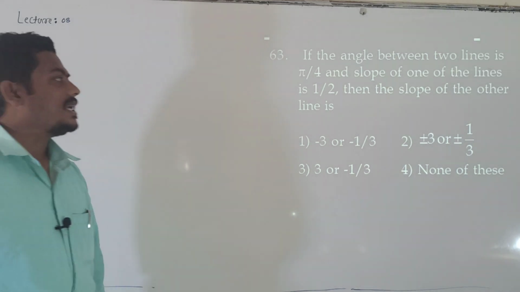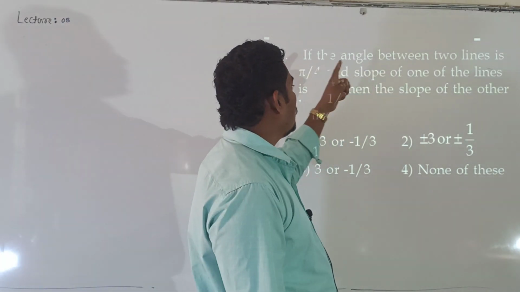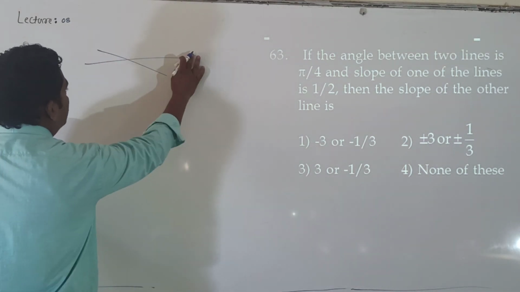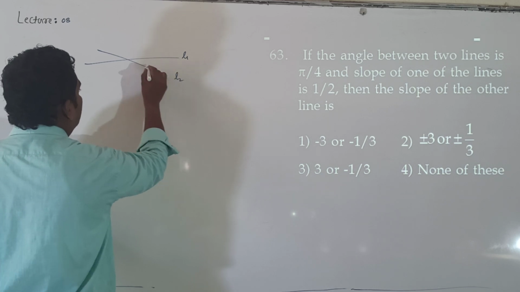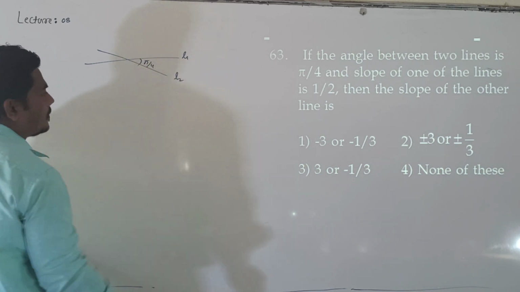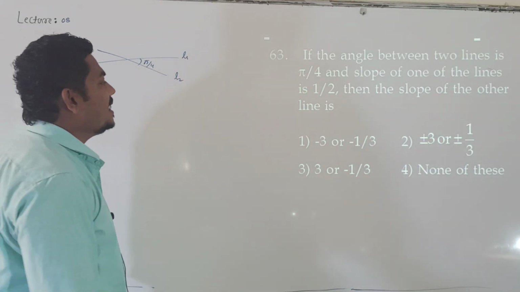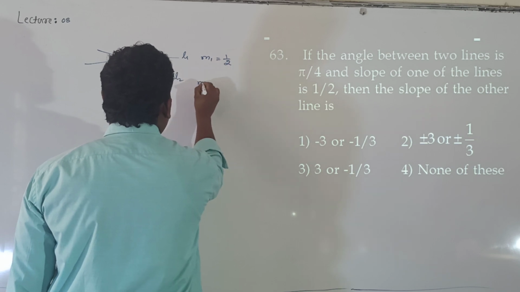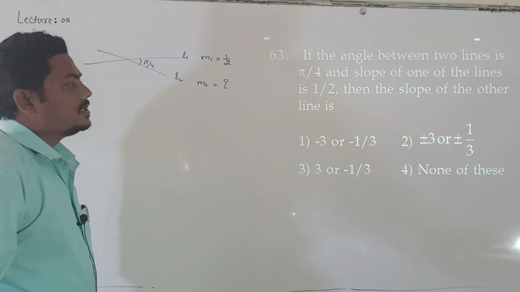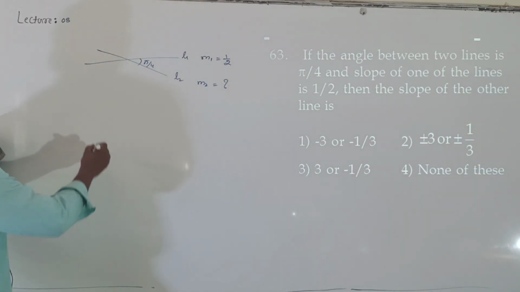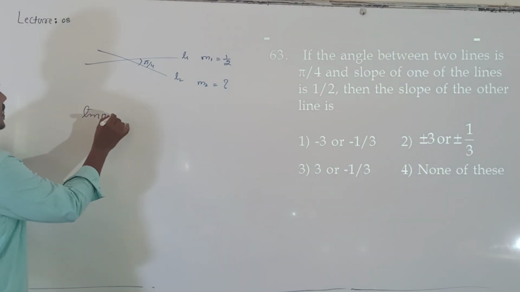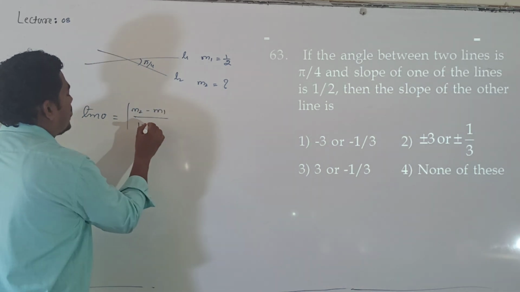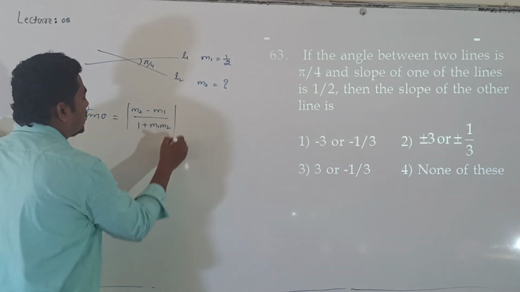Next, question number 63. If the angle between two lines is pi by 4, suppose L1 and L2 with the angle between them pi by 4, and the slope of one of the lines is 1 by 2, meaning the slope of line 1 is 1 by 2, then we need to find the slope of line 2. We use the angle between two lines formula: tan theta is equal to modulus of (m2 minus m1) divided by (1 plus m1 m2).